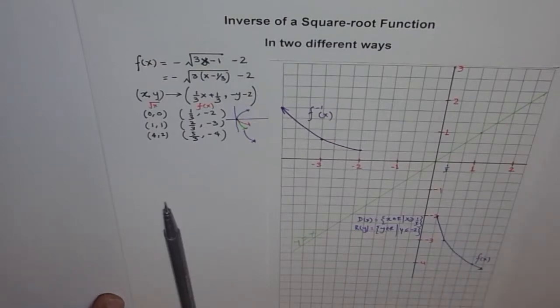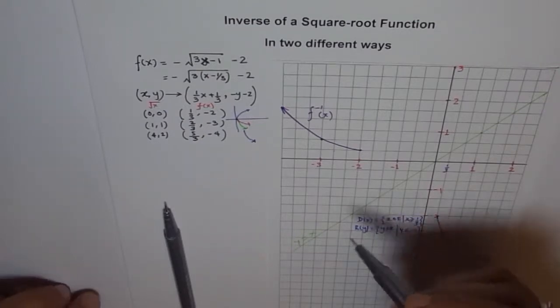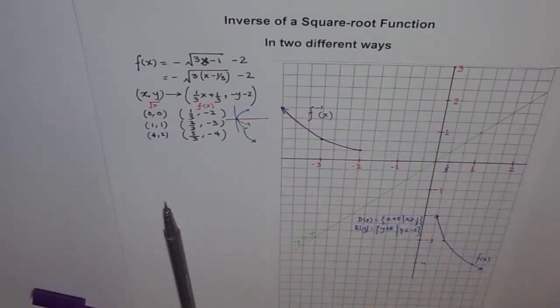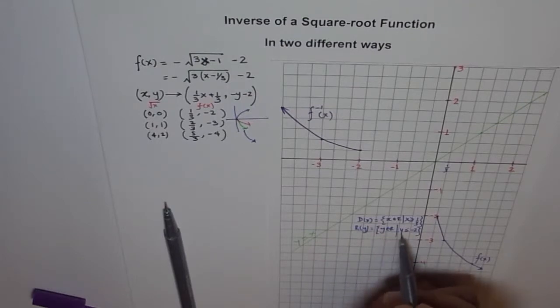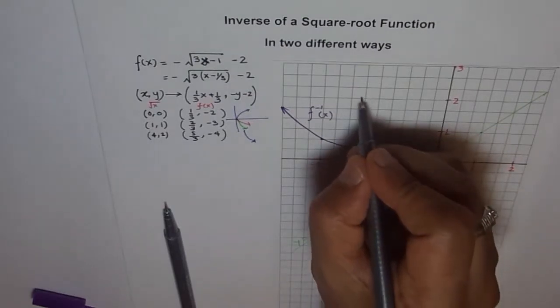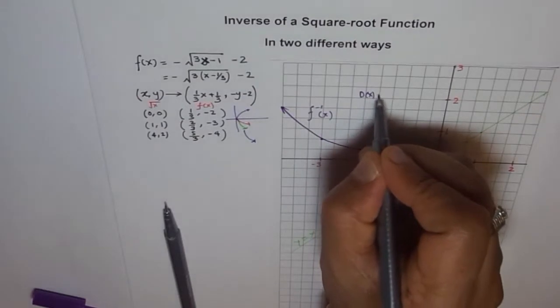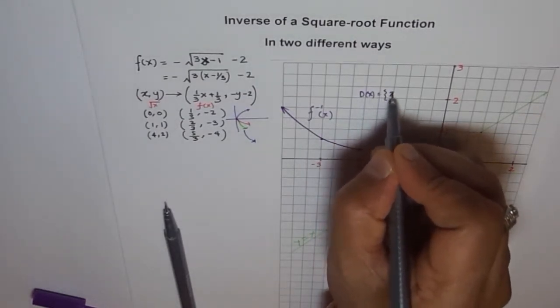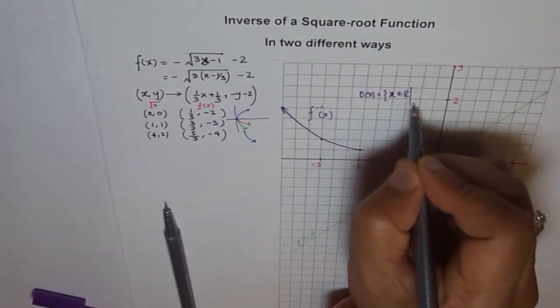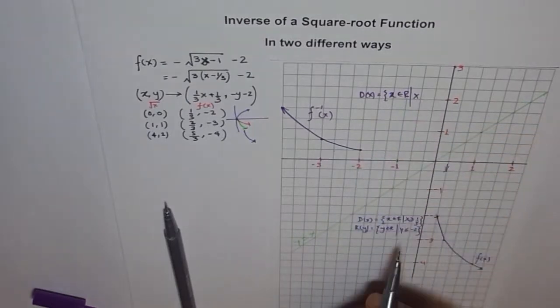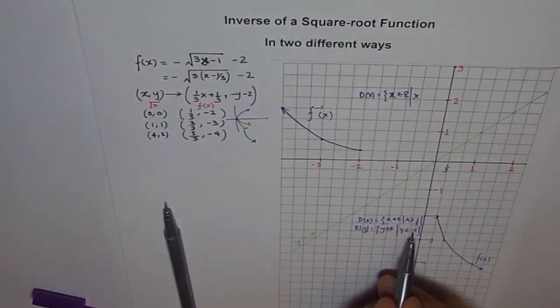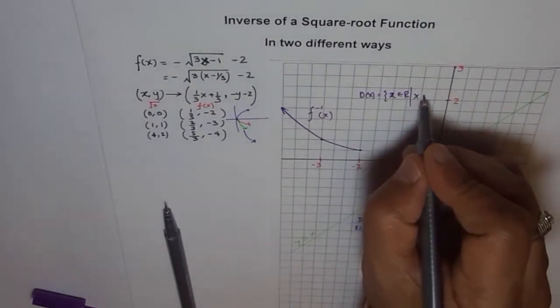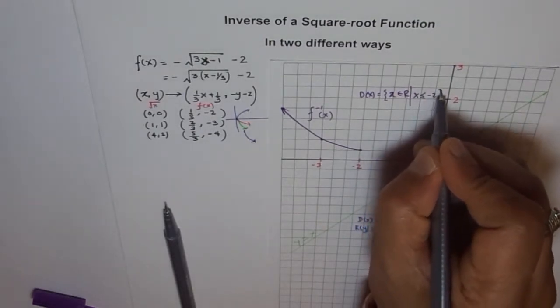Including minus 2. Now, for the inverse function, what do you expect? You expect the domain and range to flip, right? So the domain becomes what was the range. So here, the domain of the inverse function should be x belongs to real numbers, where x is less than or equal to minus 2, correct?